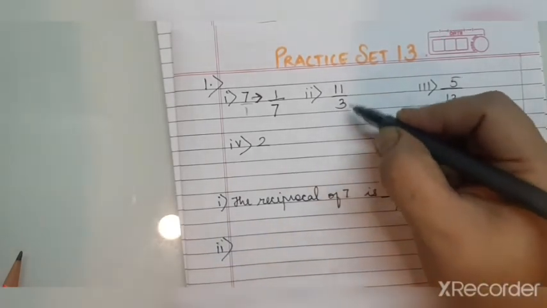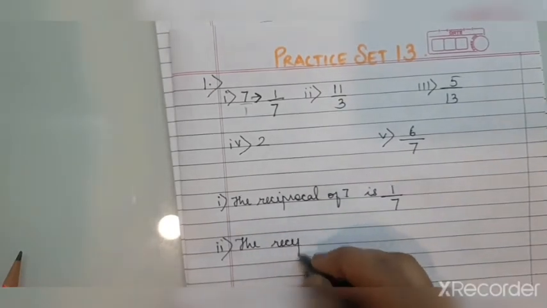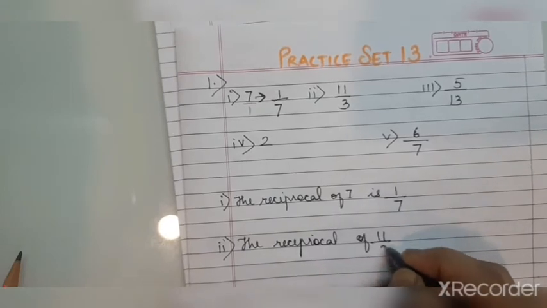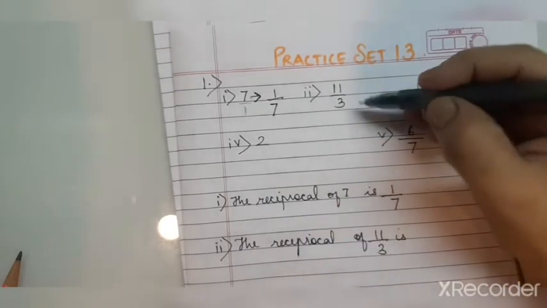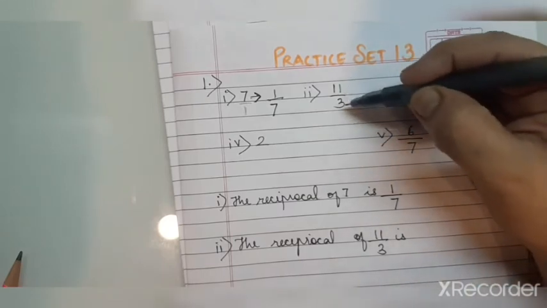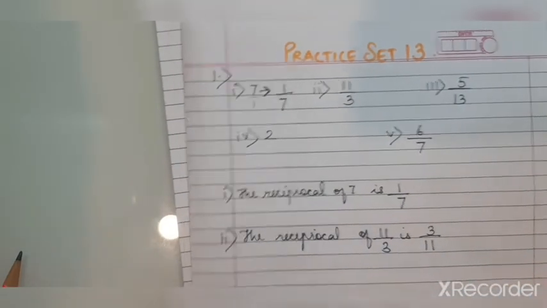11 upon 3. So the reciprocal of 11 upon 3 is, as I told you, the numerator goes to the denominator, denominator goes to the numerator. So 11 upon 3 will be 3 upon 11. Just the vice versa.